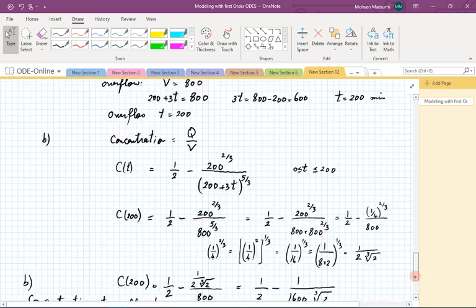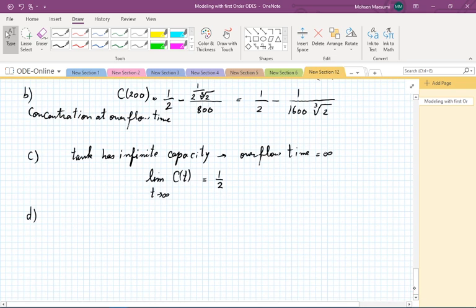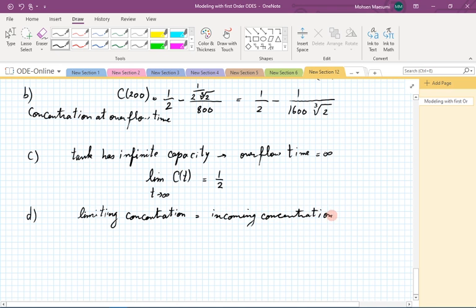So the limiting concentration, meaning the concentration at the limit of t going to infinity, is equal to the incoming concentration.